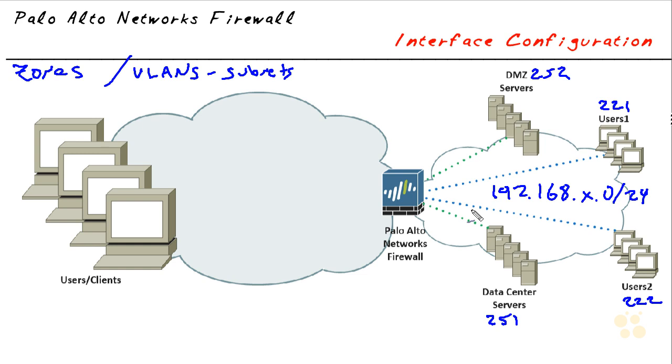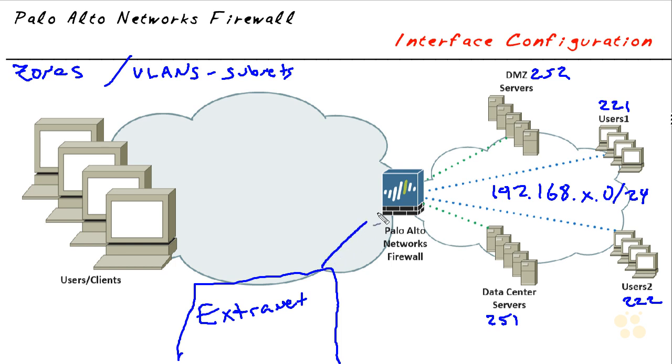Now, in there, let's say, we might have to draw something else for this. Let's think of one that I may have out here. So we'll call this an extranet out here, where I may have some other client that I'm connecting with, or it could be a branch office or something like that. But I want to have that go directly into the data center.